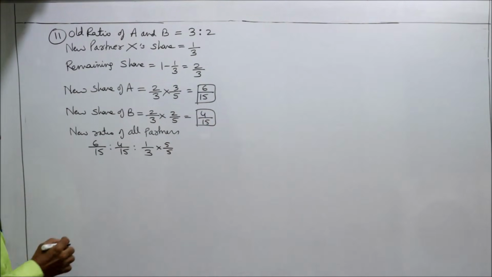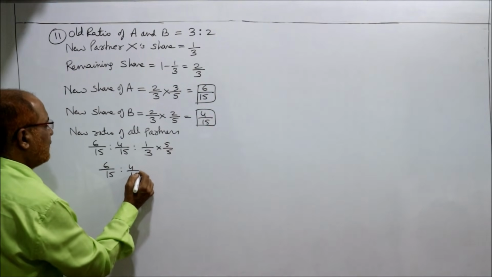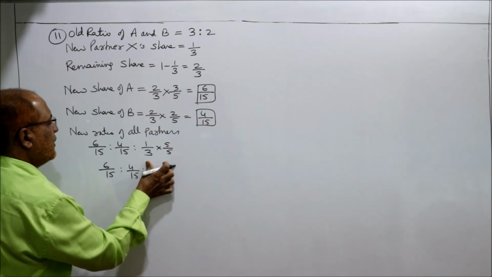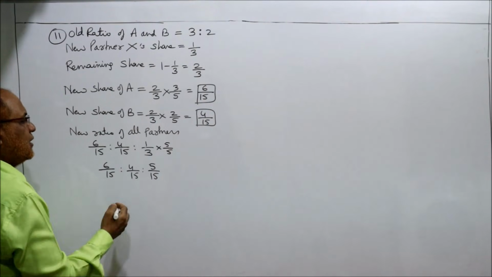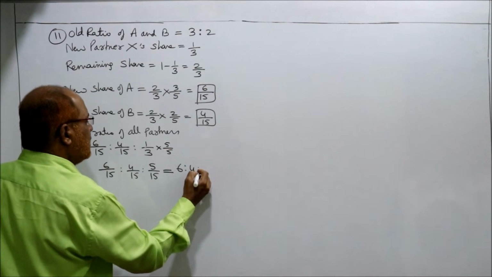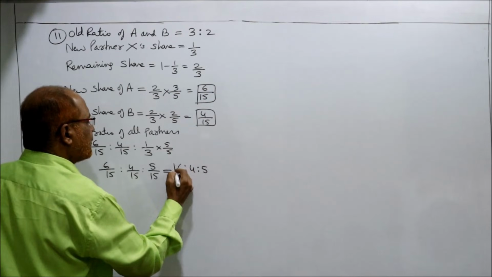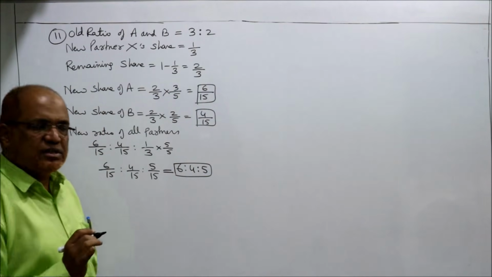We will multiply the numerator and denominator by 5. So 6/15 is to 4/15 is to 5/15. 1 5s are 5, 3 5s are 15. So new ratio will be 6:4:5. This is the new ratio.